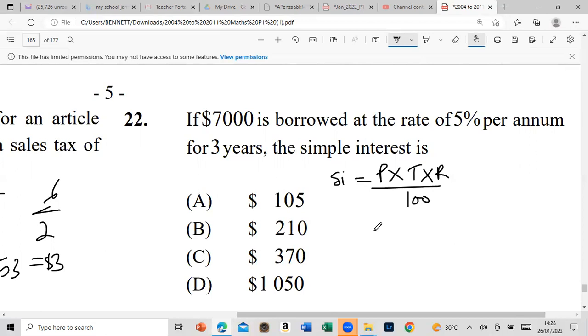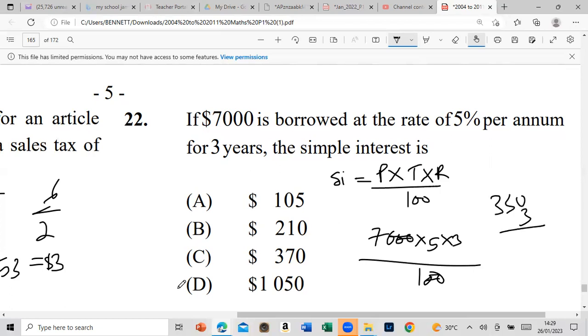So let's put in, so it's 7,000 times 5 times 3. And we divide by 100. Alright, so this cancels this. 7, 5, 35, so that's 350 times 3. It gives us 1,050.